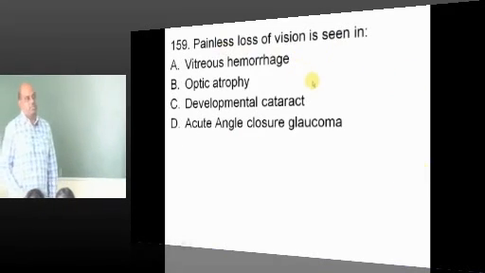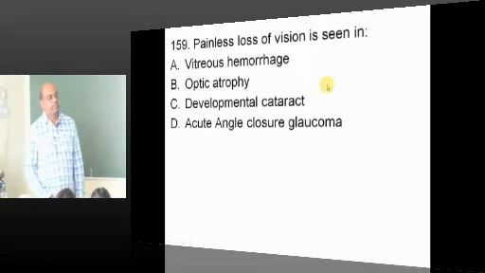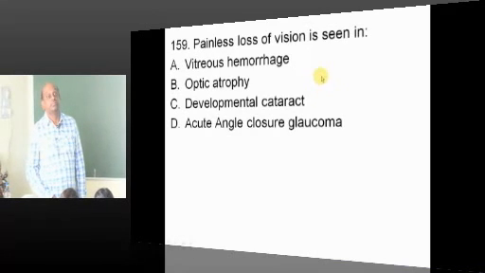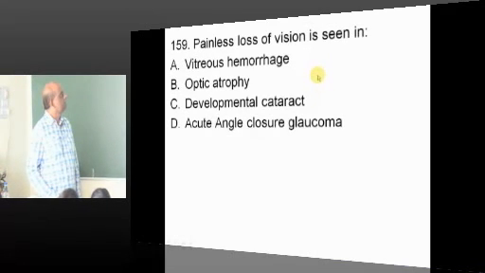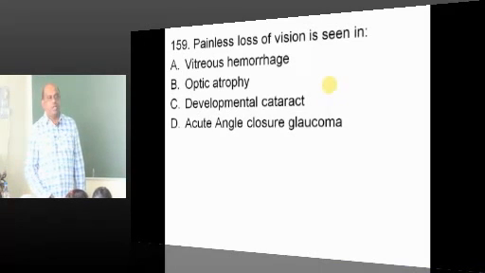Painless loss of vision is Cataract. A and C, sir. Will developmental cataract, which a lot of people will have, lead to loss of vision? A lot of us will have developmental cataract if we check our eyes.